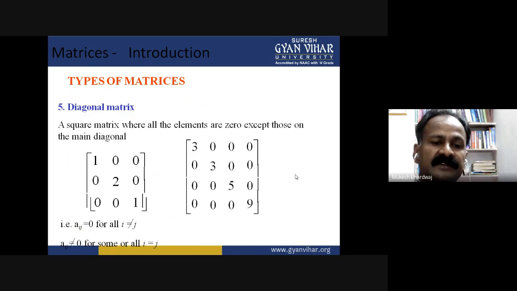That is, Aij equals 0 for all i not equal to j, and Aij not equal to 0 for some or all i equals j.